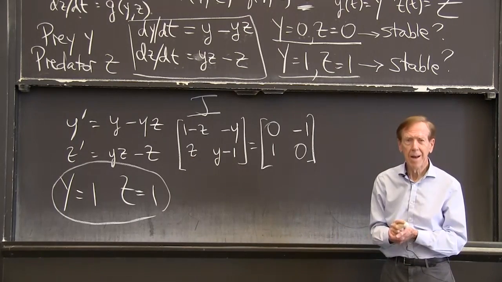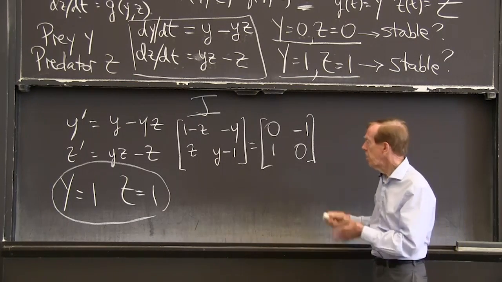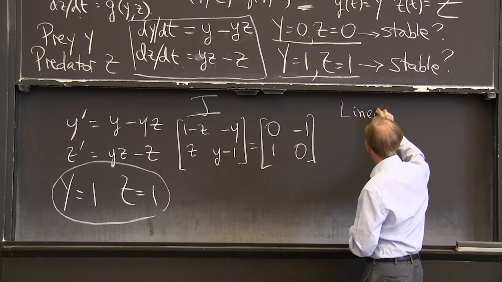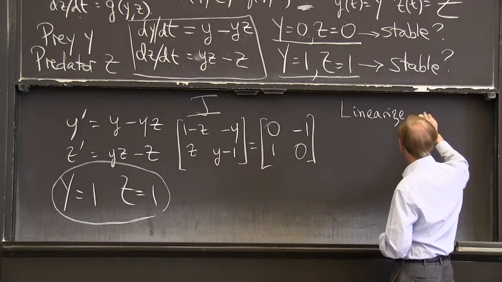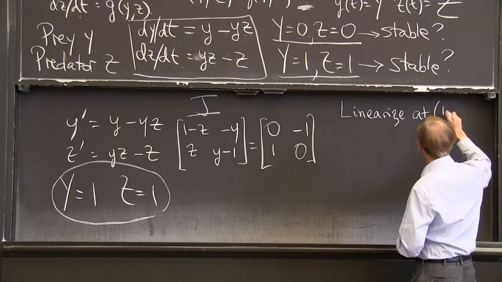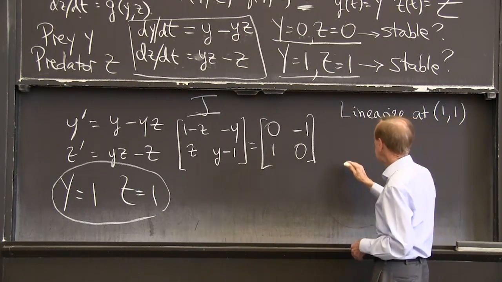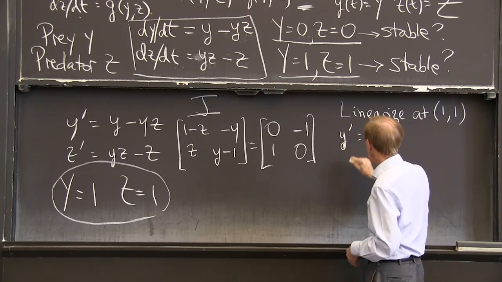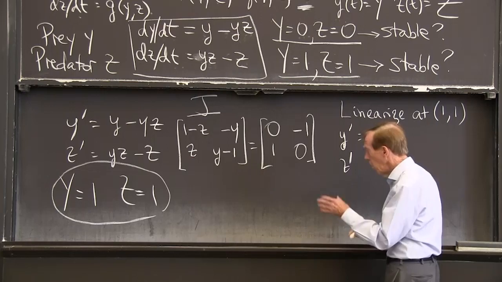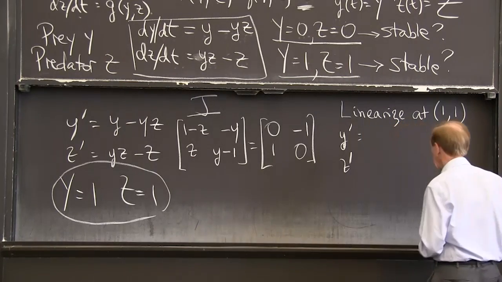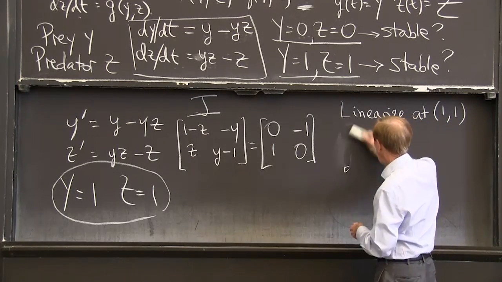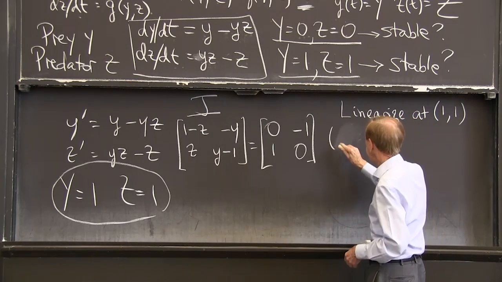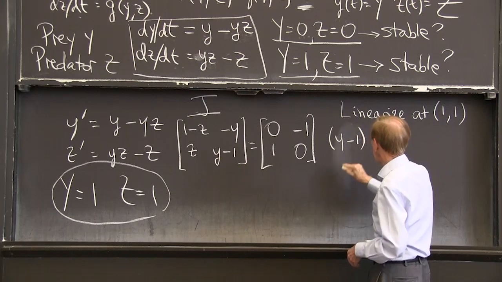And what kind of a problem do I have here? So this is my linearized equation, linearize around the point (1, 1). My equation is y minus 1 prime, sorry. It's the distance to the critical points.